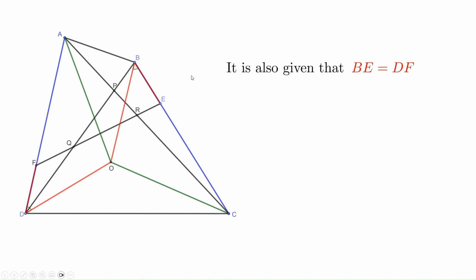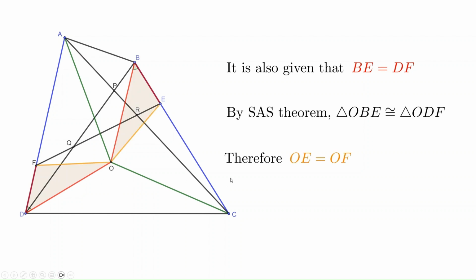It is also given that BE equals DF. Then, by the side-angle-side theorem, triangles OBE and ODF are congruent. As a result, the third pair of corresponding sides OE and OF are congruent.